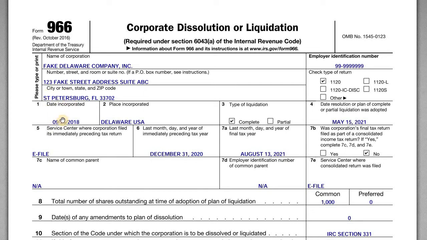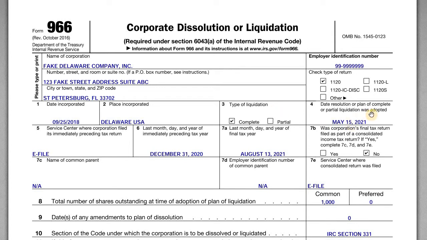And so the other fields here, we have date incorporated, September 25th, 2018. The place it was incorporated, so Delaware, USA. And the type of liquidation here, so this is a complete liquidation, right? The company is selling off all its assets, ceasing operations, paying off all liabilities, and then if any cash is available afterwards, it's going to distribute that money out to the shareholders as a liquidating distribution.